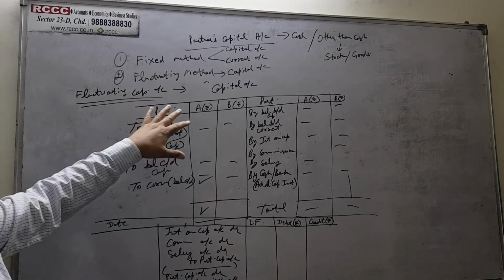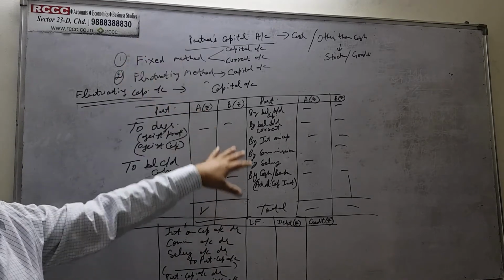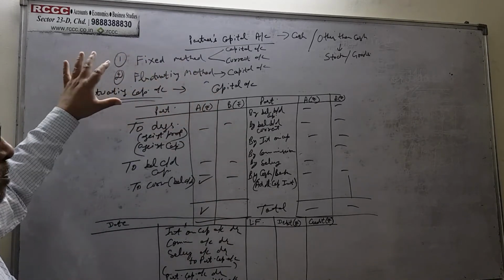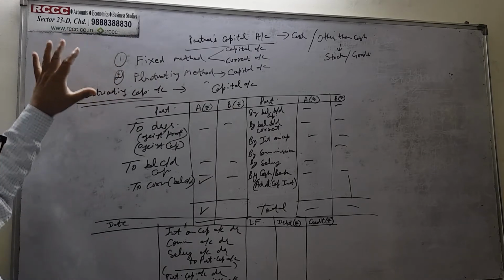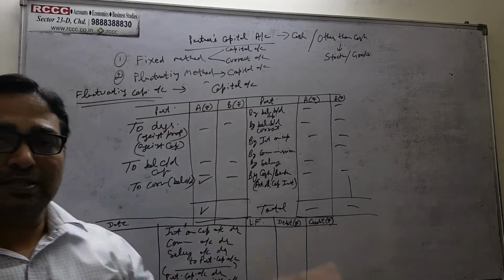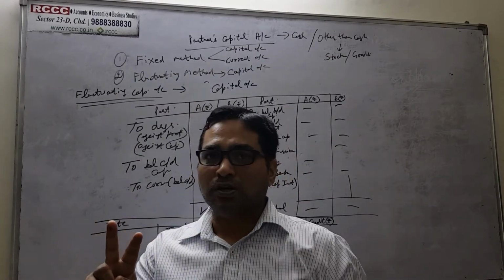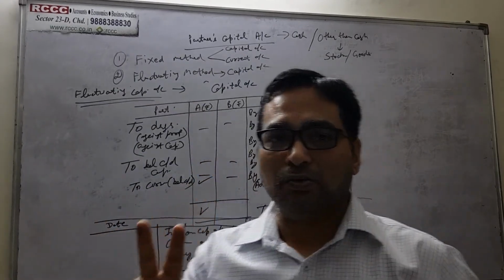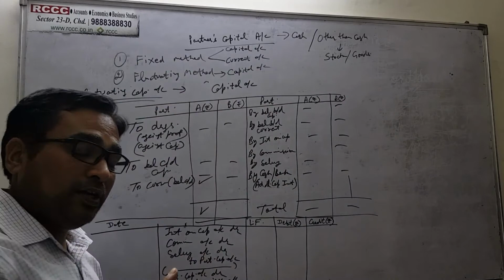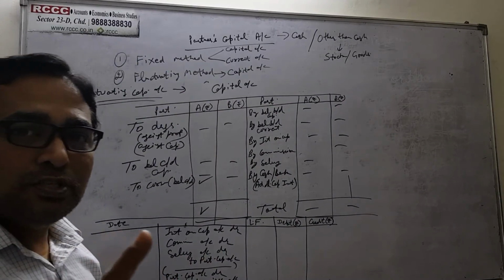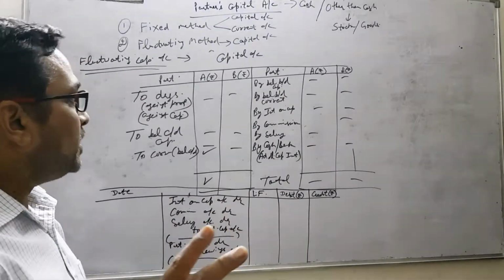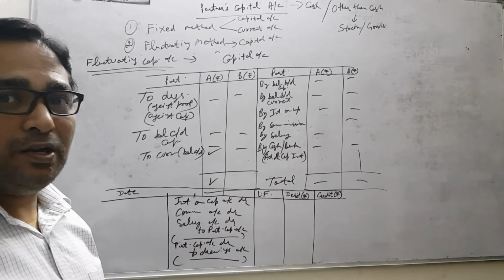So guys, this is the complete explanation of partners capital account, the fixed capital account and the fluctuating capital account. I am once again reiterating that in case of a fixed capital account, we make two accounts, the capital account and the current account. In case of fluctuating, we only make one account. What was the purpose for making two accounts in case of partners fixed capital account?